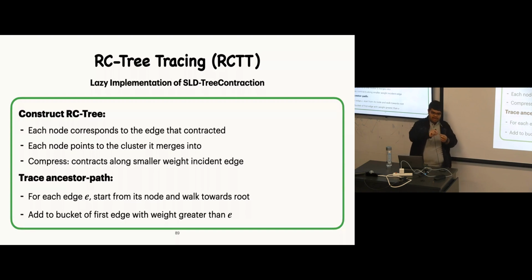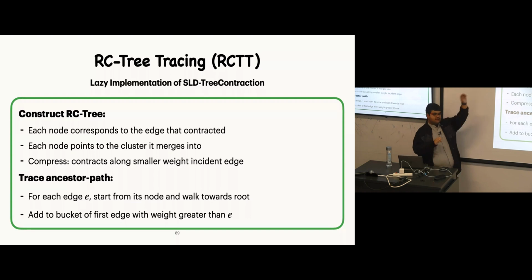So as you keep walking along this path, corresponding to contractions involving that edge, until you find some edge node whose weight is greater than it, right? And at that point, it's removed. So the idea is now for each edge, you can identify the point at which it is removed.